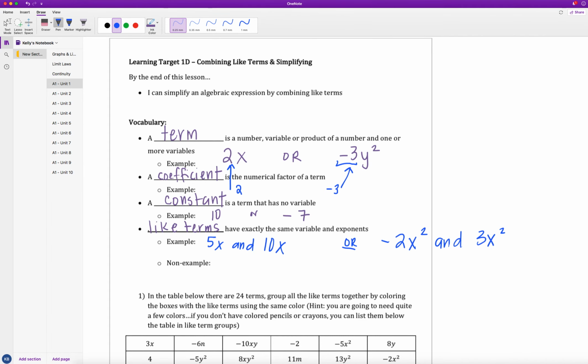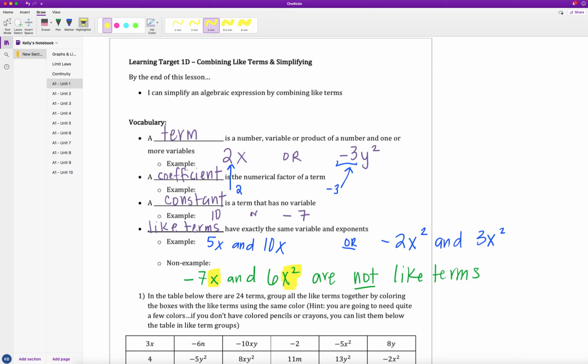I also think it's important to think about what are not like terms. Some non-examples, which I'm going to write down in green, so these are not like terms, would be -7x and 6x squared. The reason these are not like terms is that although they both have an x, the first one is an x and the second one is an x squared, so those are not identically the same variable.